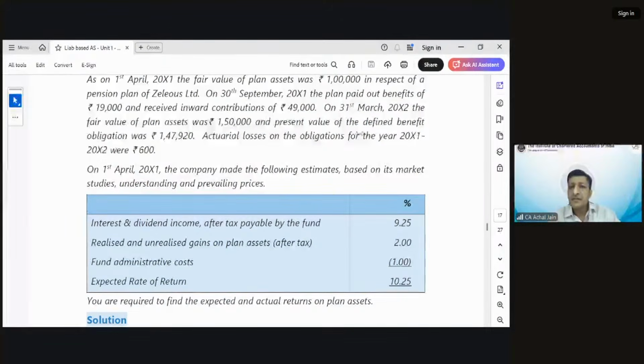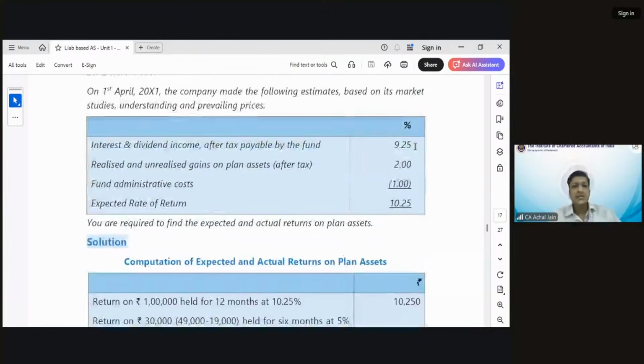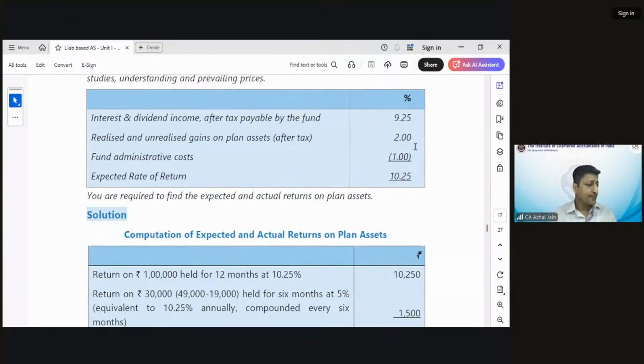All right. So now in this case, what do we have in terms of the returns?